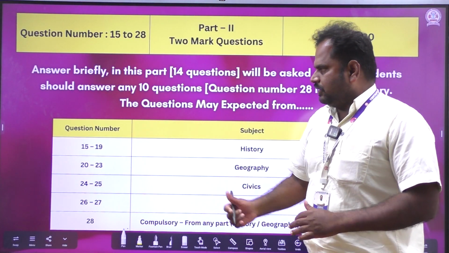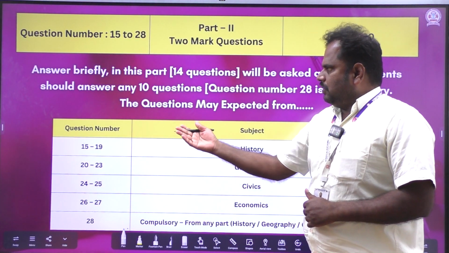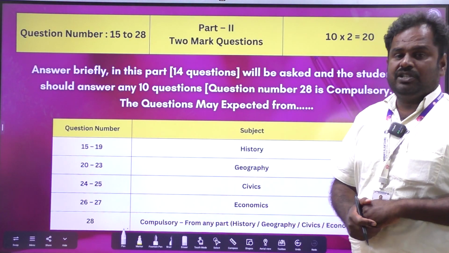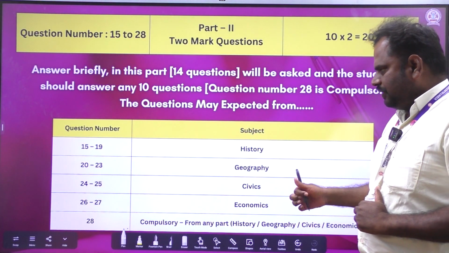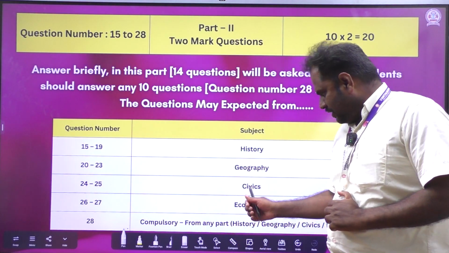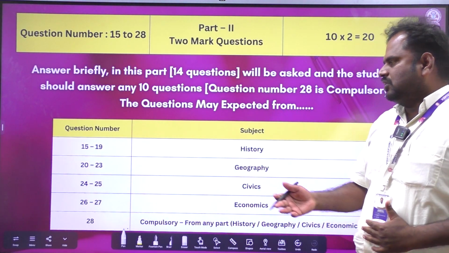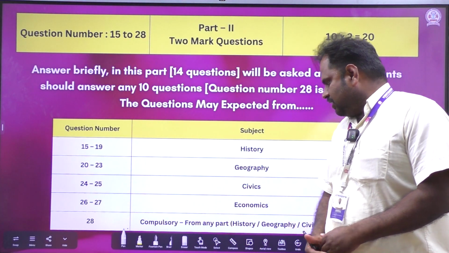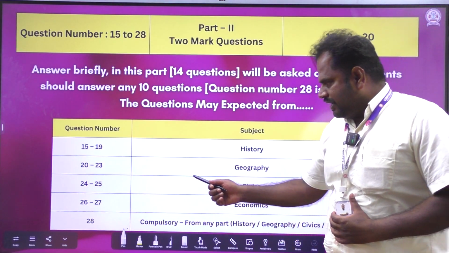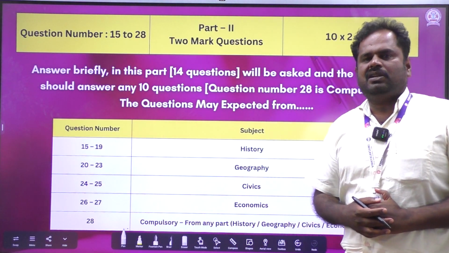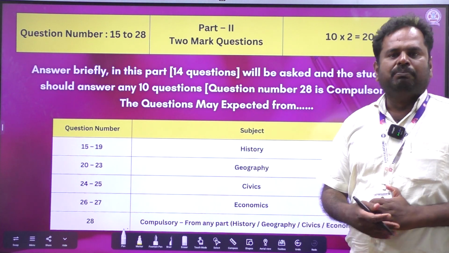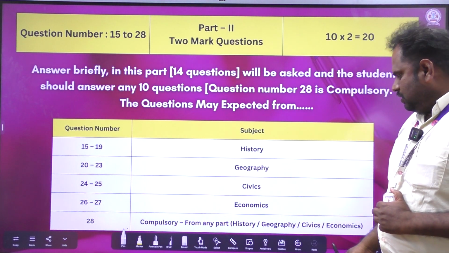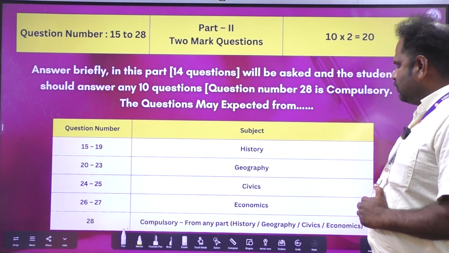Here, the question pattern. Questions 15 to 19 are from history, 20 to 23 from geography, 24 and 25 from civics, 26 and 27 from economics. The 28th question is compulsory, which may be asked from any part of the book, from history, geography, civics and economics.